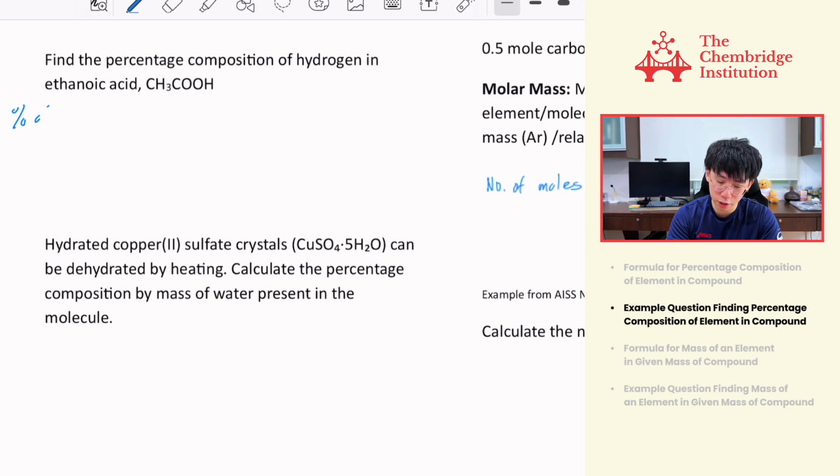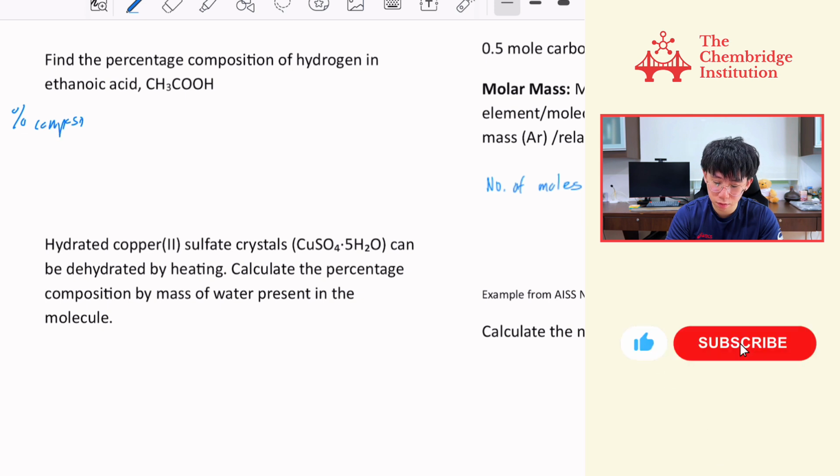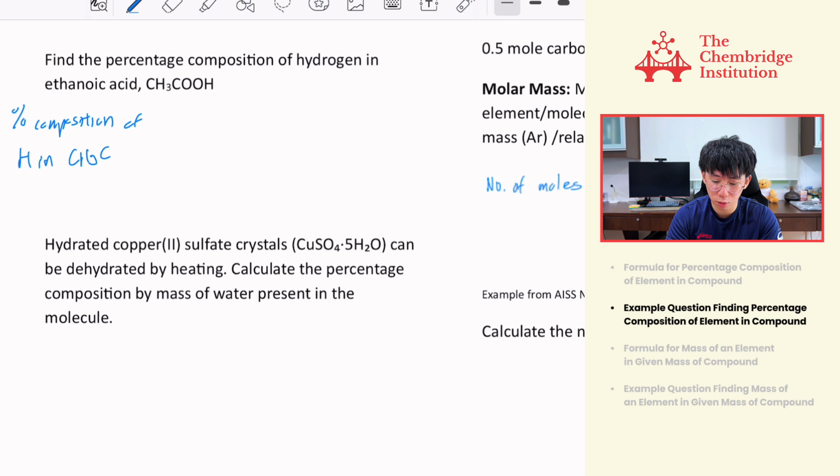Next example, to find the percentage composition of hydrogen in ethanoic acid. Let's just label it first. Once we label it, again, we can find the number of H elements. There's actually 4 in total, if you count it properly, and then you divide it by the total mass.